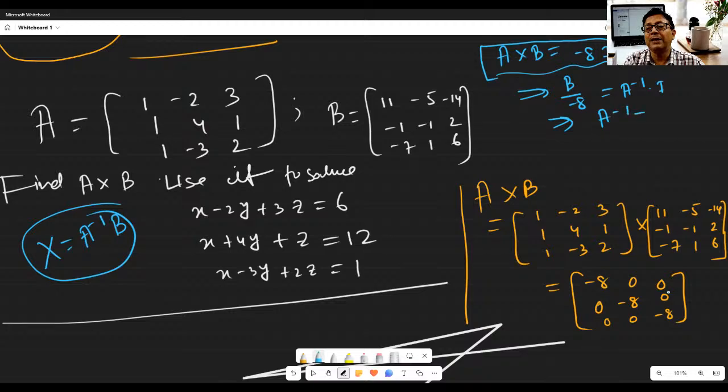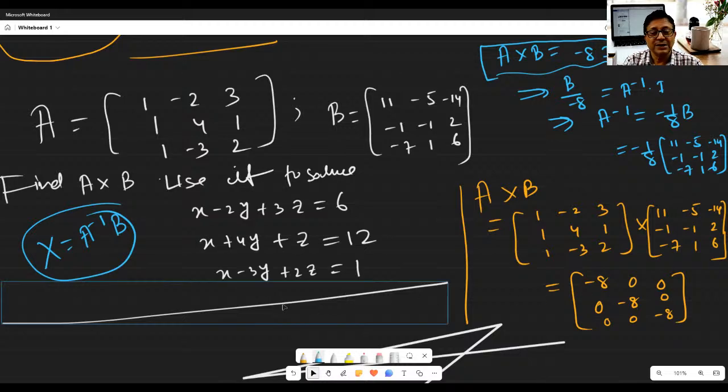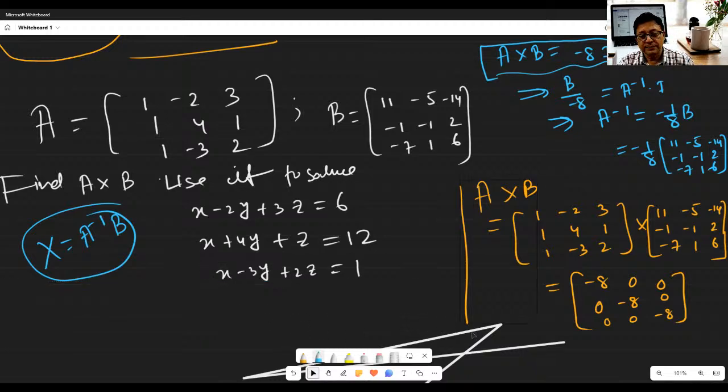So A inverse, what is its value? Minus 1/8 into B. We got the inverse. We don't have to find it by that method. This is an alternative method to get it. Do you understand? It's all right? Everyone understand?